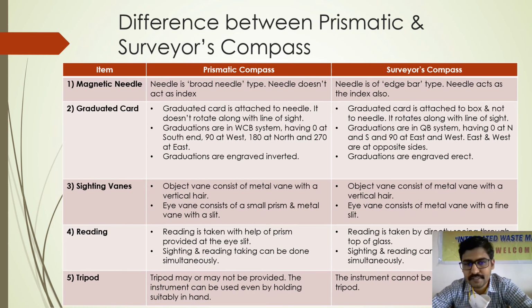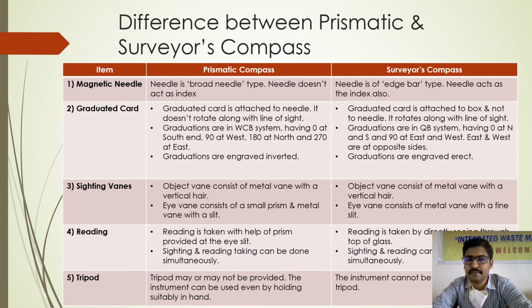Graduated circle and needle are attached to one another. But in Surveyor's compass, the graduated card is attached to the box, whereas the magnetic needle is free from rotation, and the graduated circle rotates along with the line of sight. As you rotate the box, the graduated circle will rotate along with the line of sight.